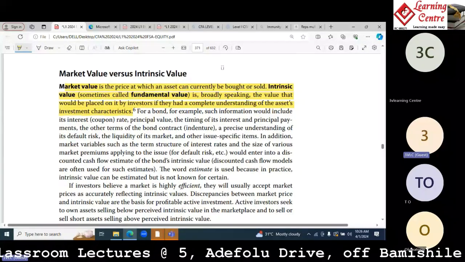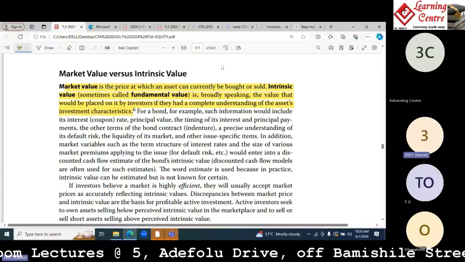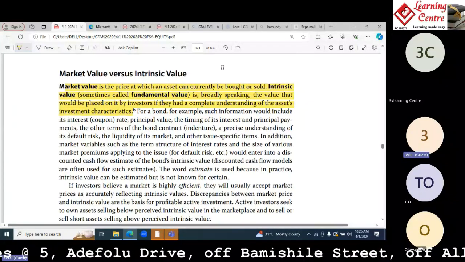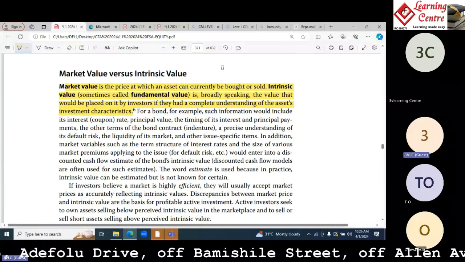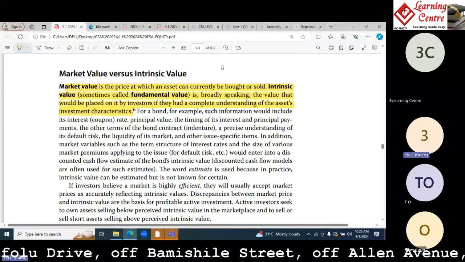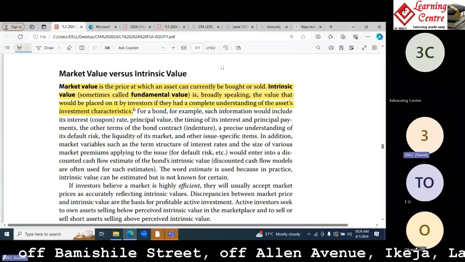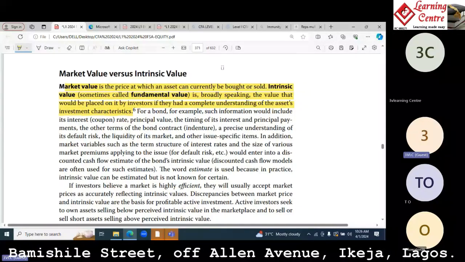Now, the curriculum is saying your intrinsic value, broadly speaking, is the value that will be placed on it by investors if they had a complete understanding of the asset's investment characteristics. I will put it differently.